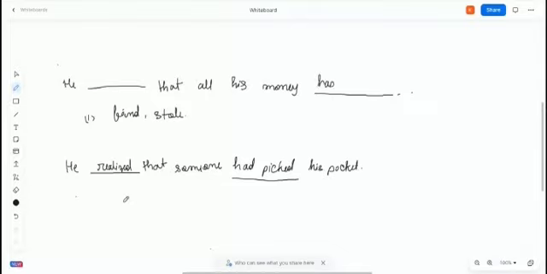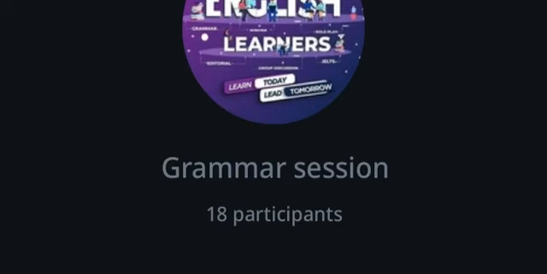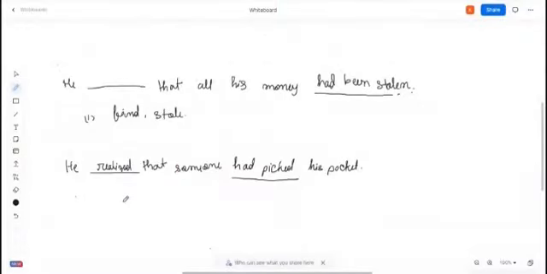So, that time someone asked me the difference between had and had been. I told you that you will get the answer soon. He found that all his money had been stolen. Why are we using had been here, the passive form?